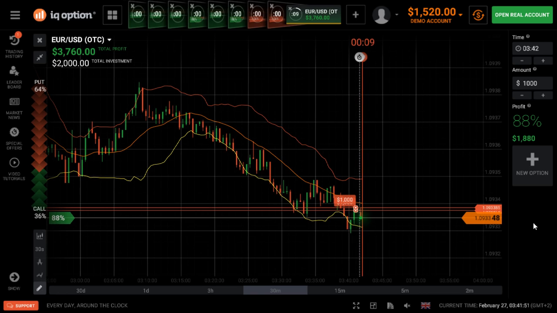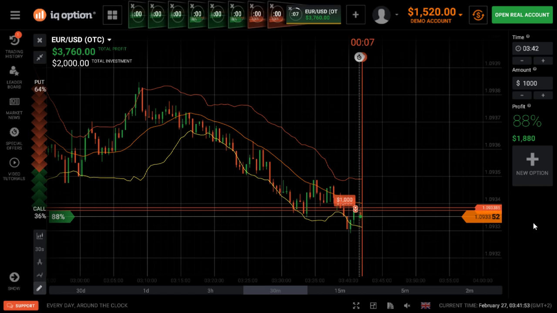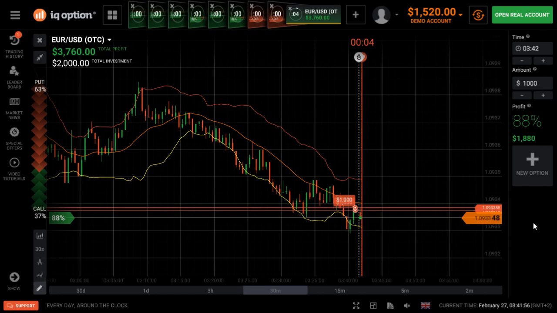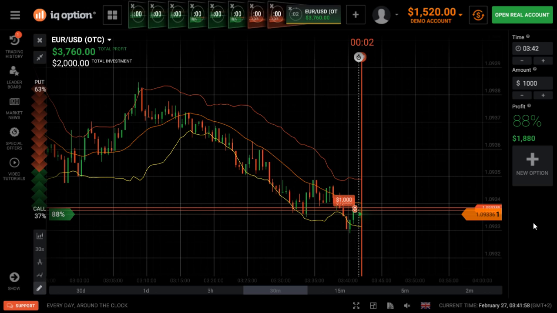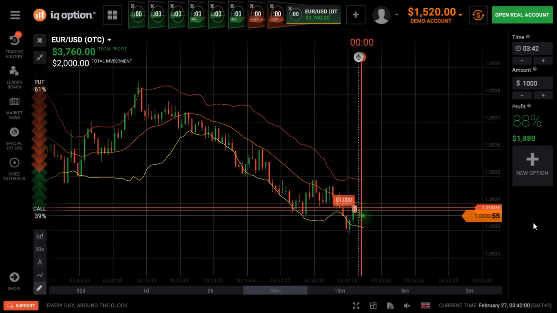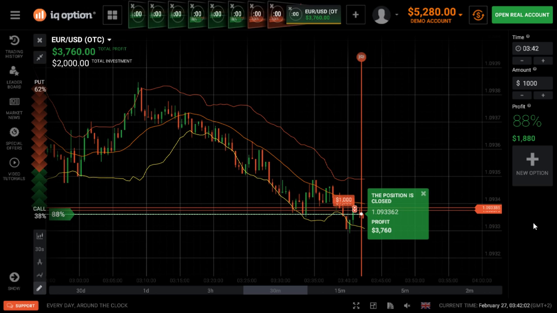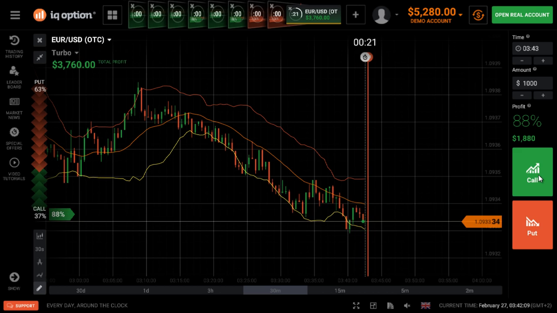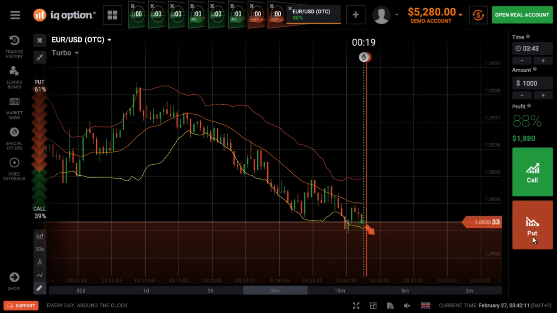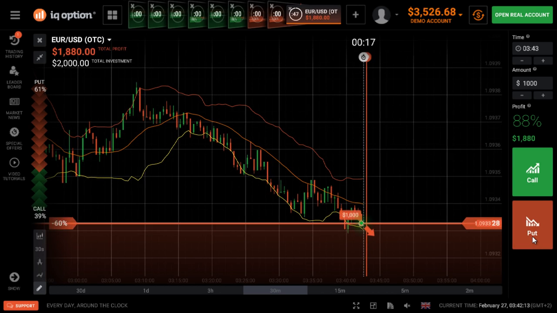So this is a very strong downwards trend, and this is only the beginning. So keep that in mind, and I'm just keep trading the put, as you can see.